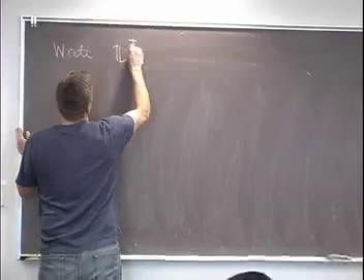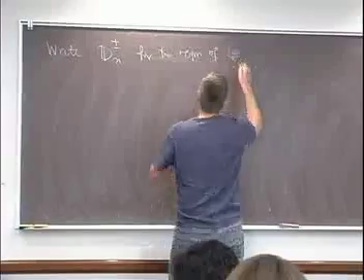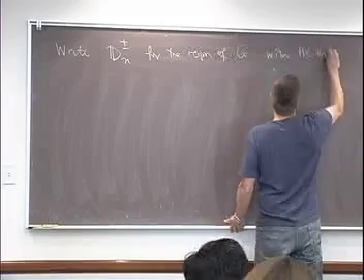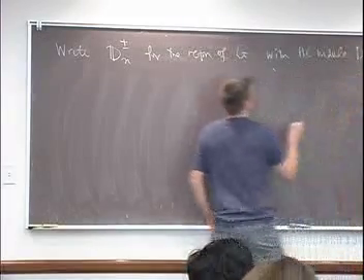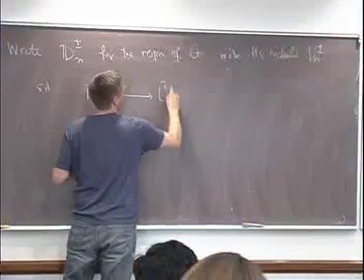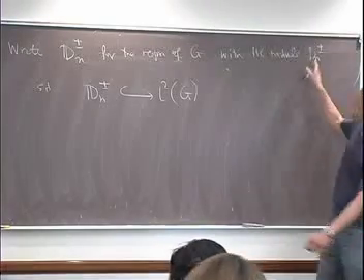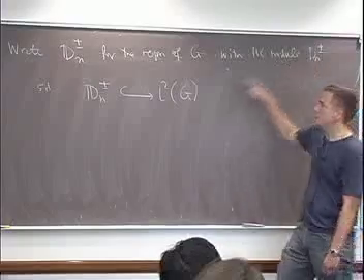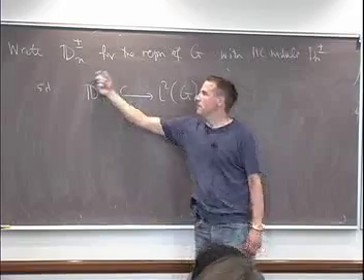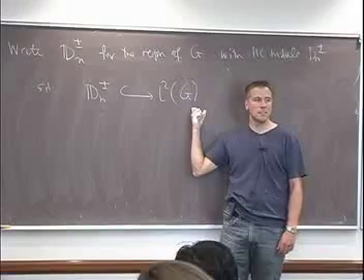Write d plus or minus n for the representation of G with Harish-Chandra module dn plus or minus such that dn plus or minus injects into L2 of G. This is the Harish-Chandra module. This is some global unitary representation. So what I'm saying is that this Harish-Chandra module comes from a discrete summand of L2 of G.